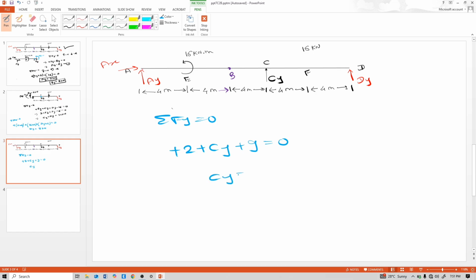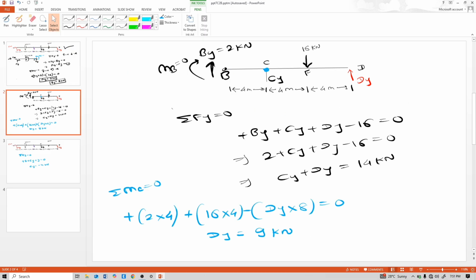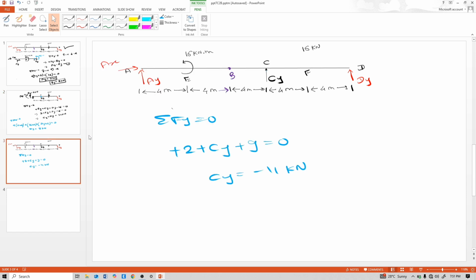So CY equal to minus 11 kilonewton. So AY is 2 kilonewton, DY is 9 kilonewton and CY is 11.